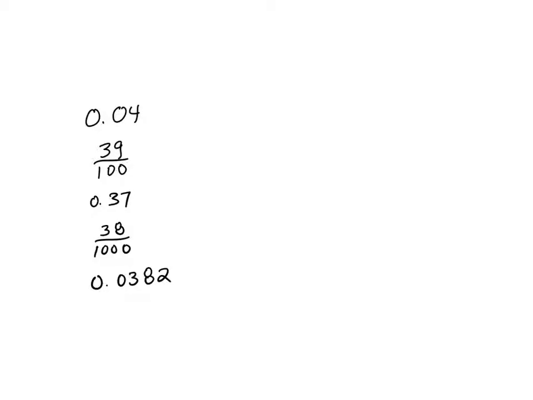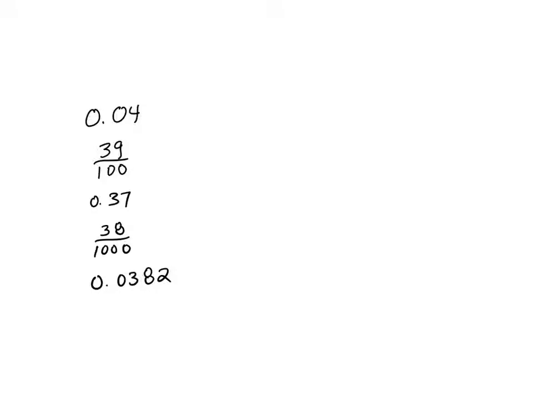Earlier, we took a set of decimal numbers and we put them in order from the smallest to the greatest. Here's an example where we have a mixture. Some numbers are written in decimal form, some numbers are written in fraction form, and we are asked to put these in order as well. It would be much easier if I had all the numbers written either as decimals or as fractions.